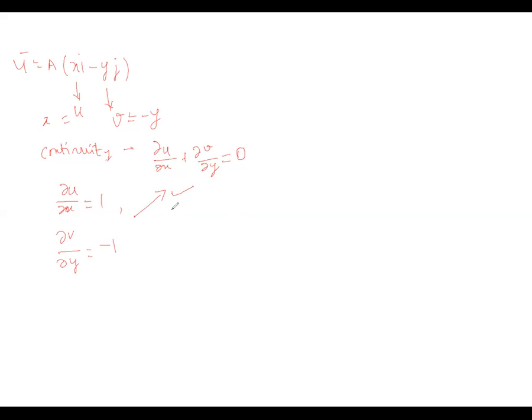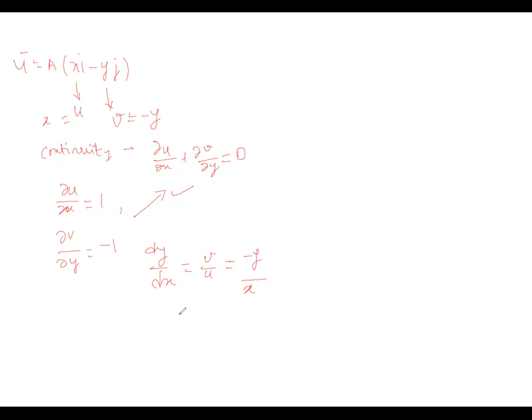The third one is the streamline function. For a streamline condition, we have dy by dx equal to v by u. Here v equal to minus y, u equal to x.